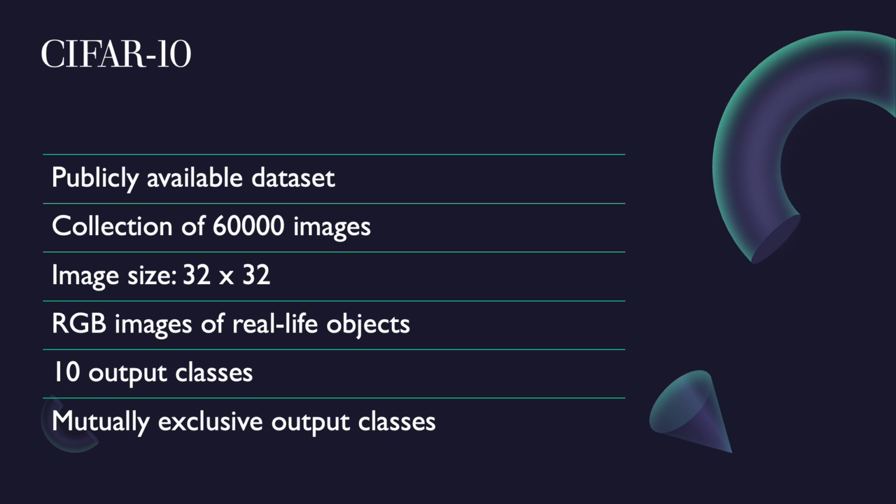It represents a considerable challenge due to its diversity and complexity. The dataset is publicly available for research. To work with Cypher-10, you need to download it directly from the official website or access it via TensorFlow datasets.